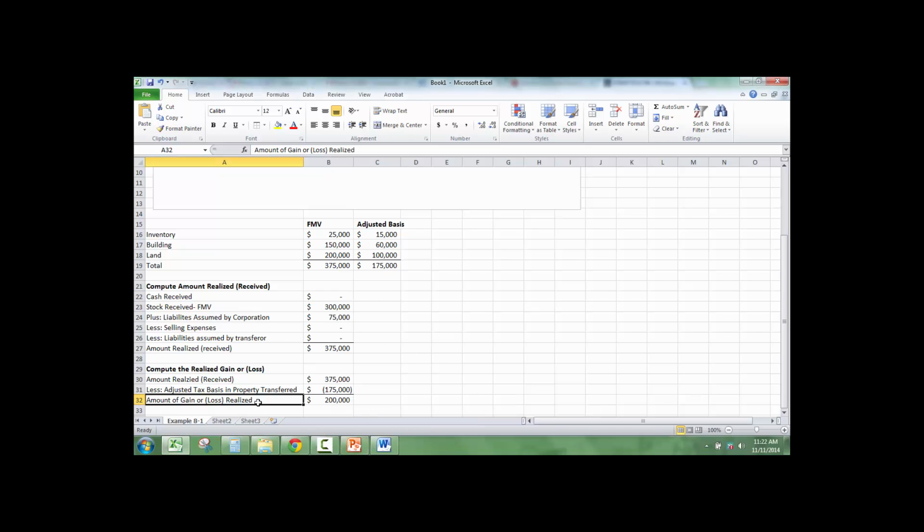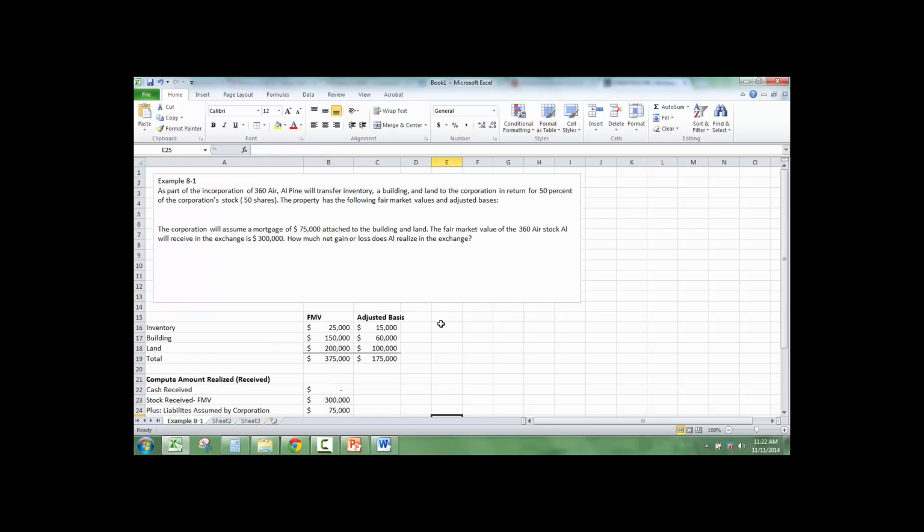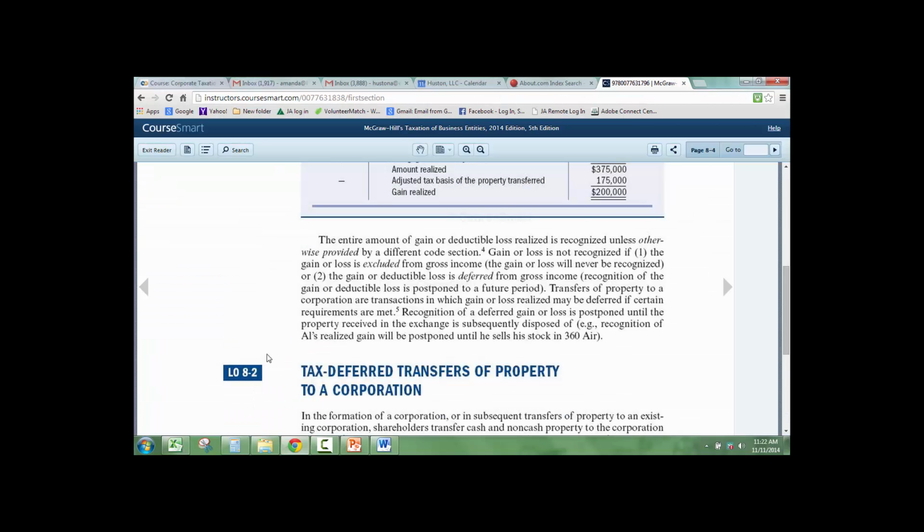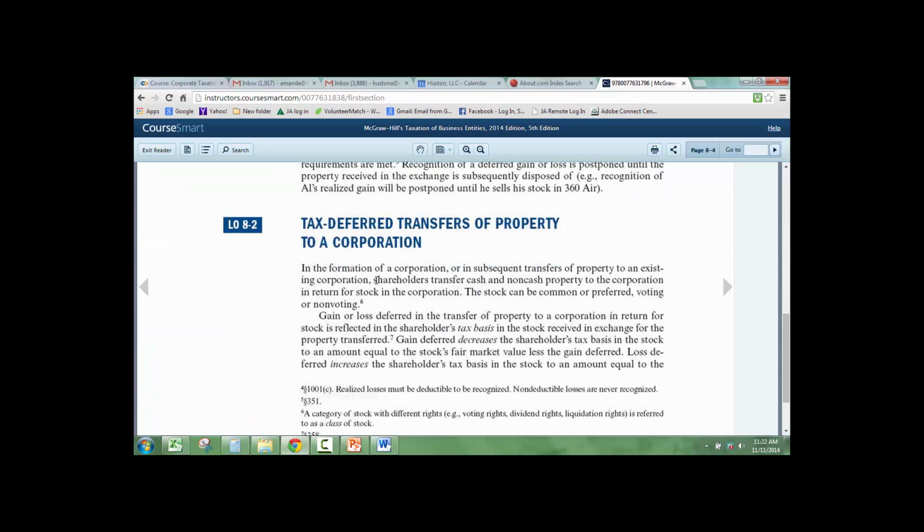So the entire gain or loss realized would be recognized unless it is deferred based on some other IRC code or section. So at this point, we would have to look into whether it qualifies for any other IRC, whether it qualifies to be tax deferred.